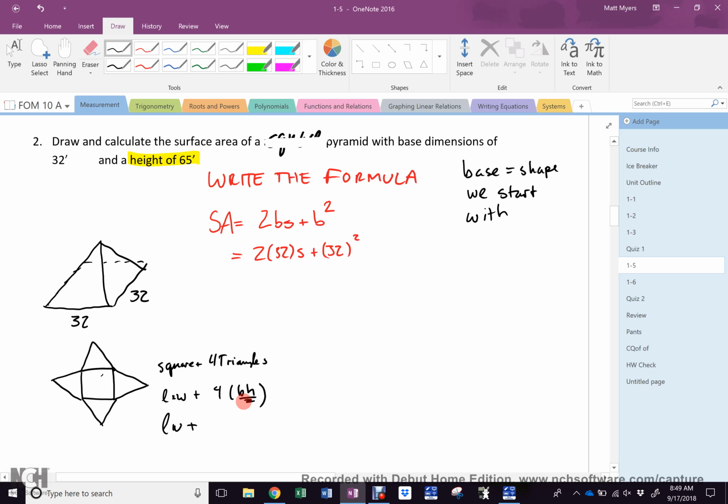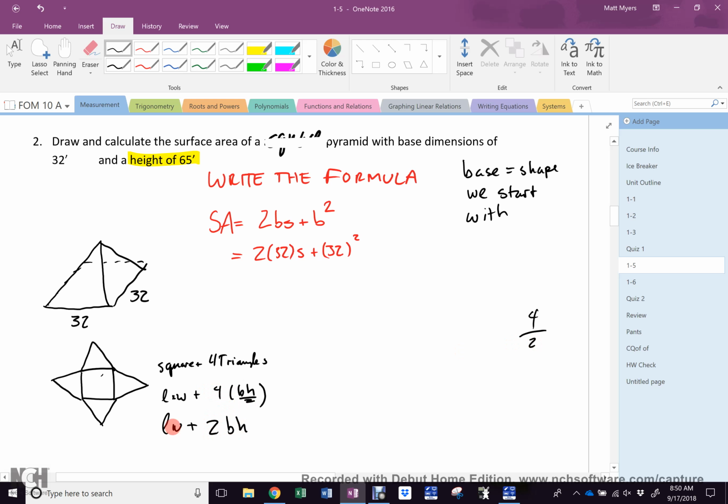Ladies and gentlemen, really? 4 in the numerator, 2 in the denominator. What is that? 2. So what will happen here? That's a 4 in the numerator, just like that, and a 2 in the denominator, just like that. So what will happen to this 4 and the 2? The 4 will become a 2, and I will have BH.